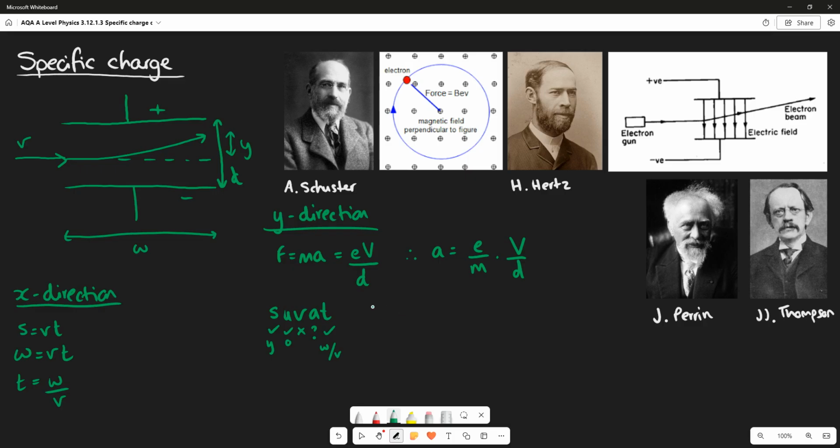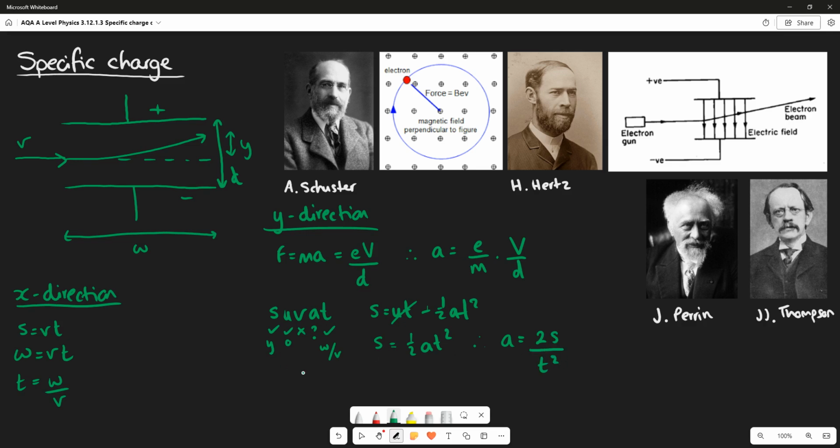This equation leads us to s equals ut plus half at squared. Ut, that term is 0 because u has a value of 0. So we end up with this equation here. And acceleration being equal to 2s over t squared.